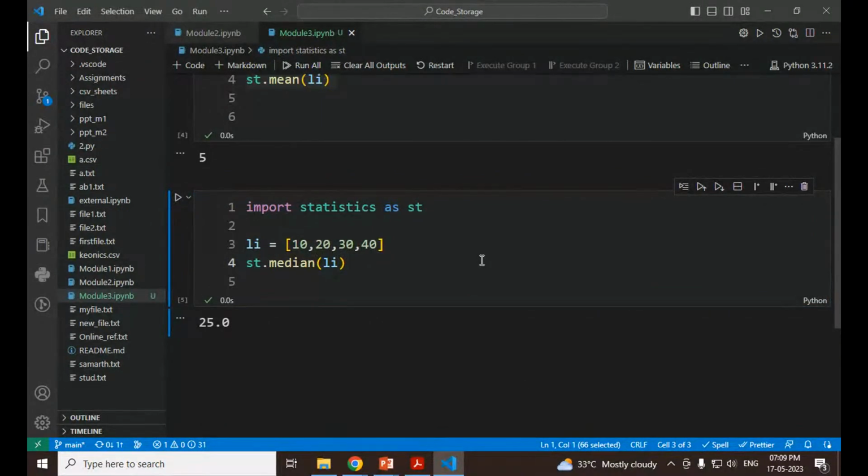Yes. How 25? You add one more value to the list. 15.